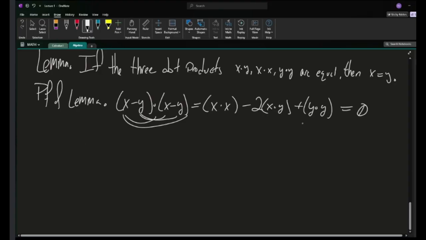So because this is true, the only way that this equals 0 is if x minus y is equal to 0, which implies x equals y.